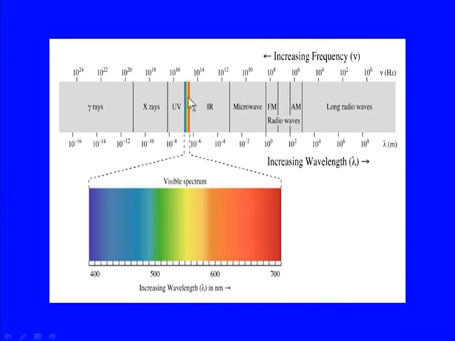After ultraviolet there is the visible spectrum, the colors which we can perceive. Then comes the infrared region, microwaves, then radio waves, and then long radio waves.